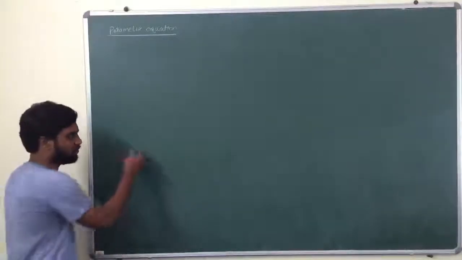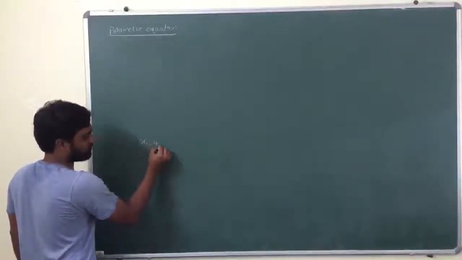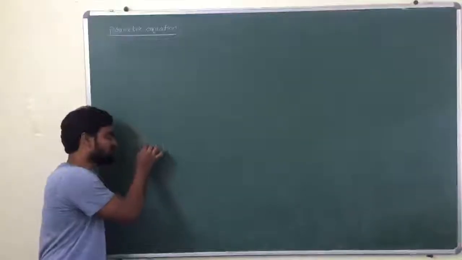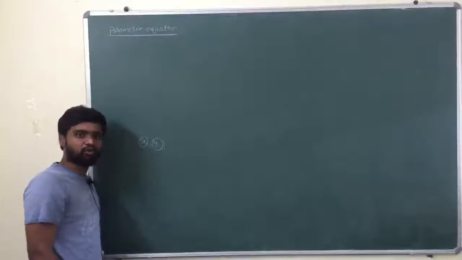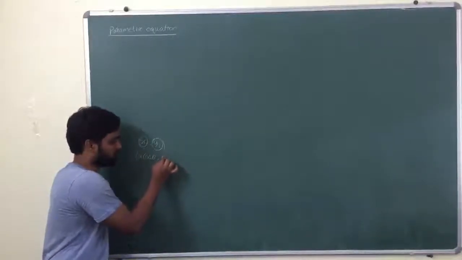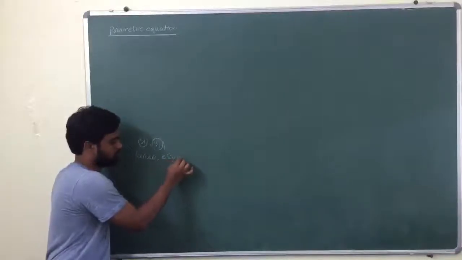Suppose this is the point on the circle. So instead of two variables, to make it a single variable, we use parameter theta.